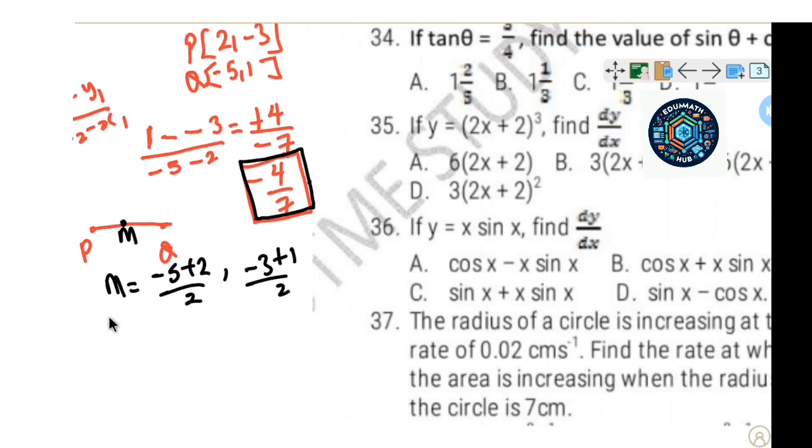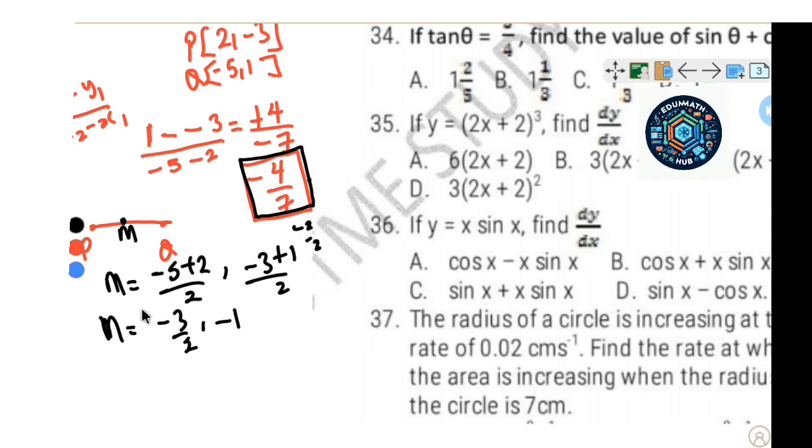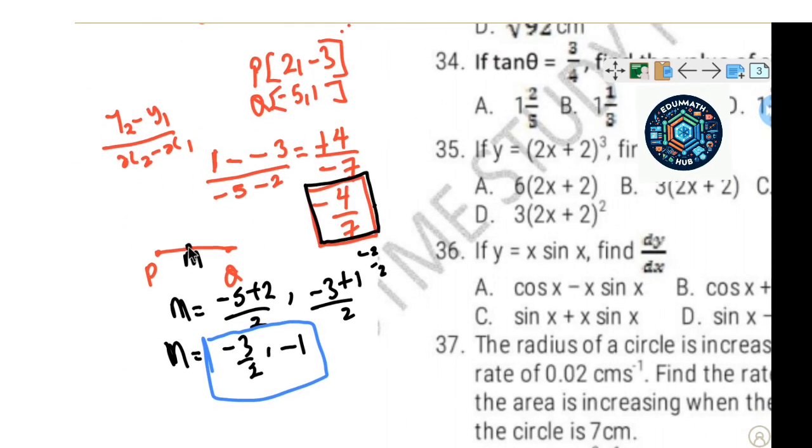So M is equal to minus 3 over 2, comma, then this one will give you minus 2 over 2. When you divide it, you get minus 1. So this point here is the middle of P and Q.